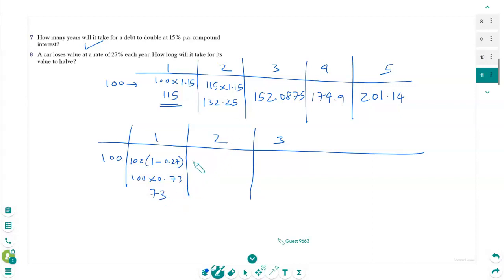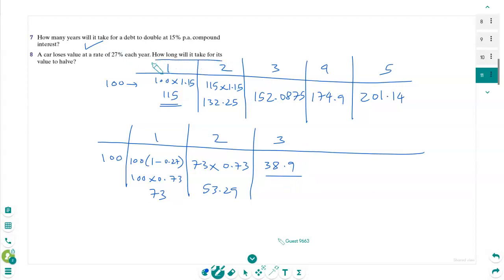And after 2 years it will be 73 times 0.73. Very good. 53.29. After 3 years it will be times 0.73, 38.9 something.